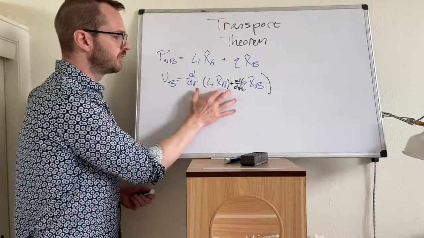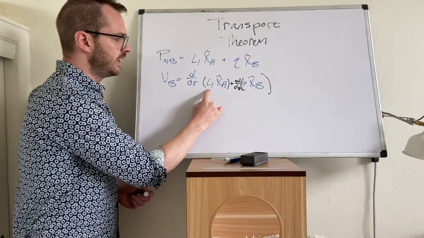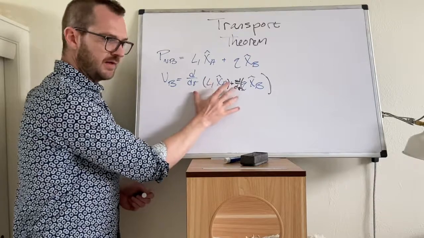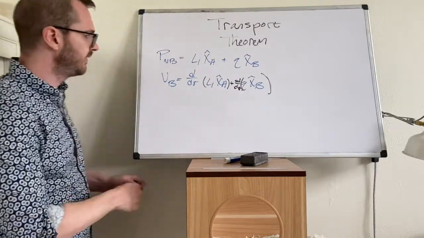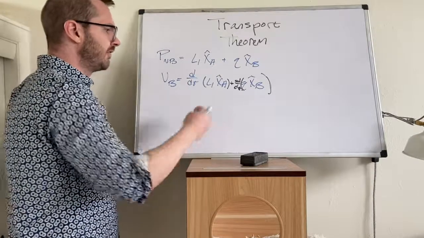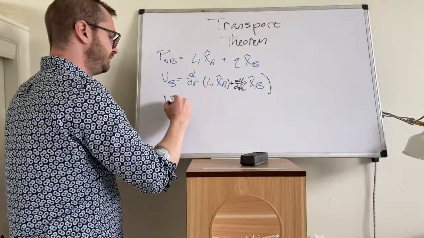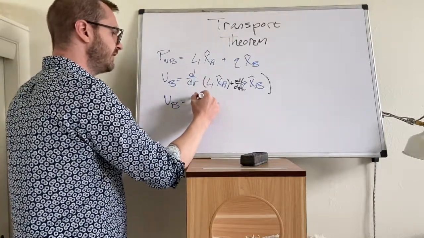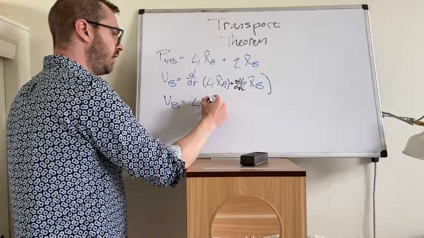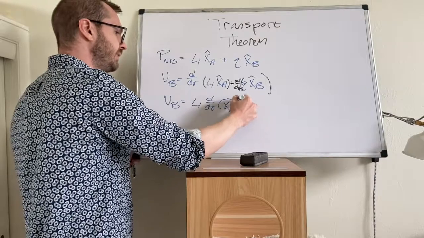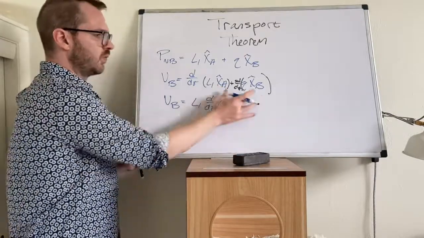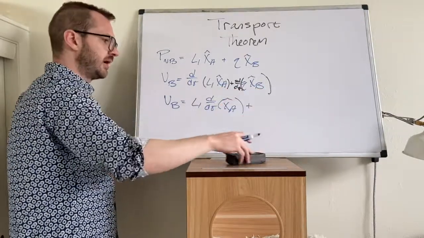If we do a product rule expansion on the first term, then the first piece in that expansion is going to be ddt of L1, and that's 0. And then we'll be left with the second piece. So VB is going to be L1 ddt of x hat A plus, and we know what's going to happen when we do a product rule expansion on this.